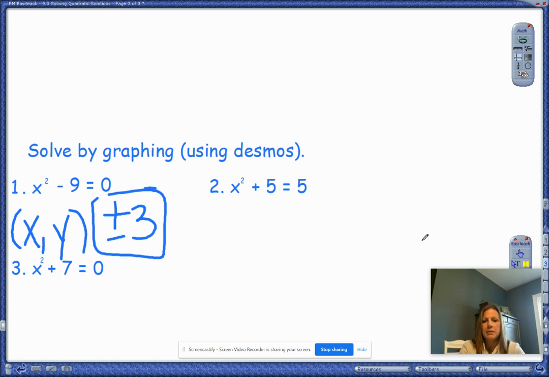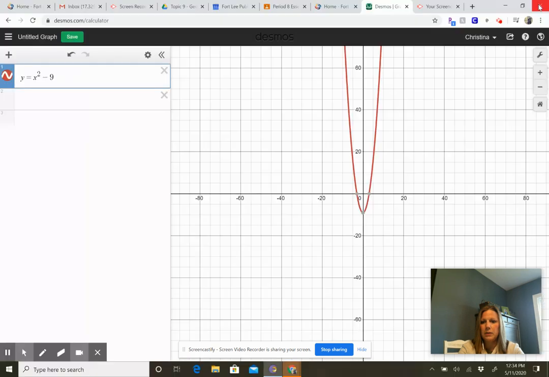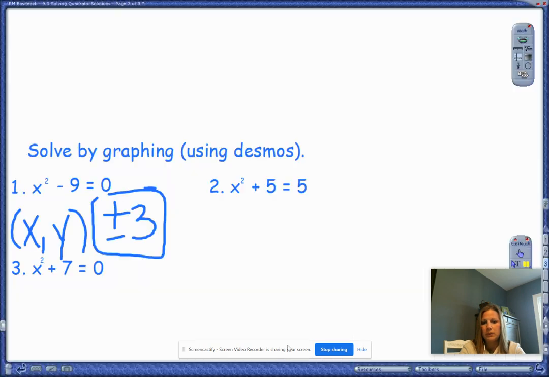My next problem is x squared plus 5 equals 5. I want to make it equal to 0. So I'm going to minus 5 from both sides.